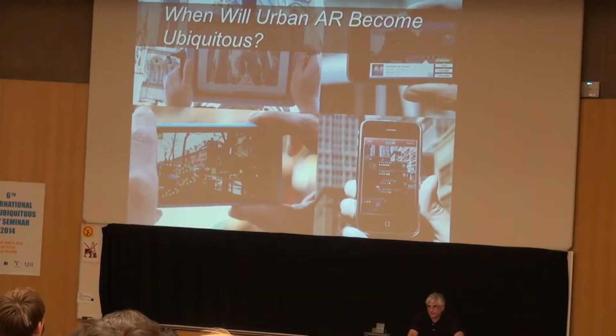So one question that you might have looking at this kind of stuff, these are all things we did in my lab, is: when will urban AR become ubiquitous? As ubiquitous as the smartphones, for example, that we're using in that last application.